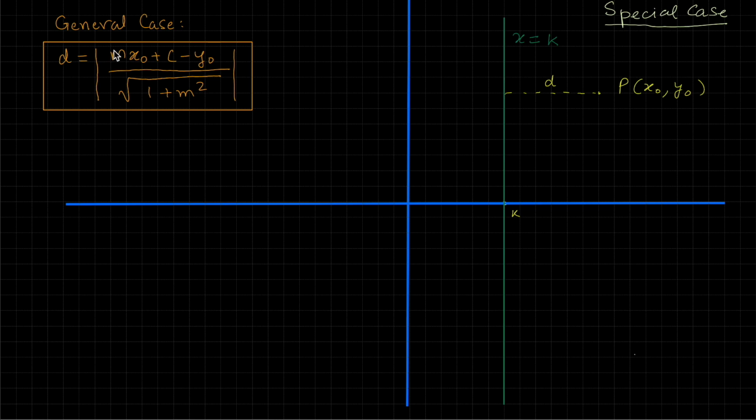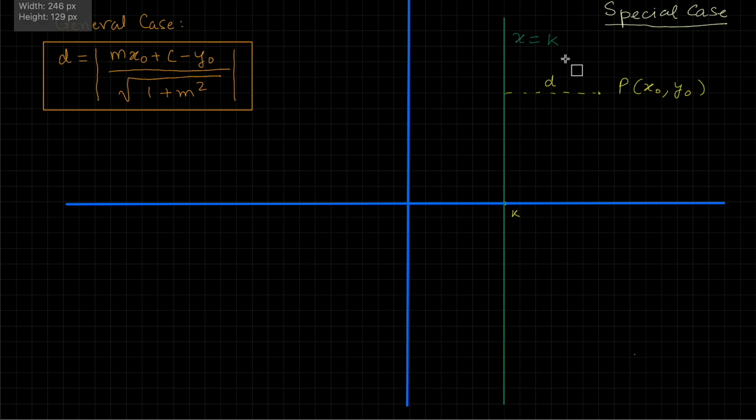However, as you can see, this relies on there being a valid slope m and an intercept c. This does not always apply, as we can see in the special case here. In the special case, the green line is completely vertical, so the equation of the green line will be given by the formula x equal to k.